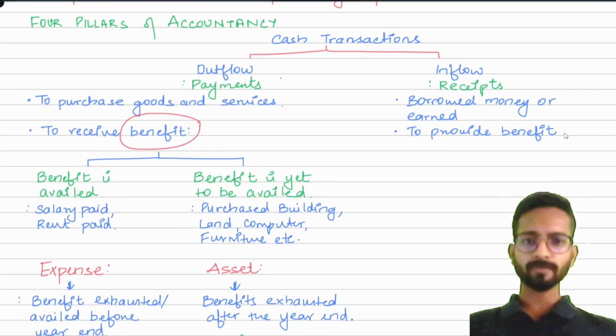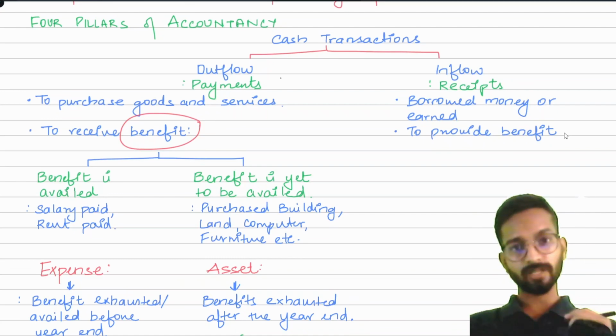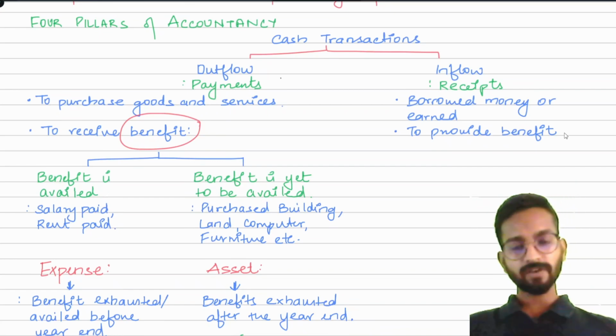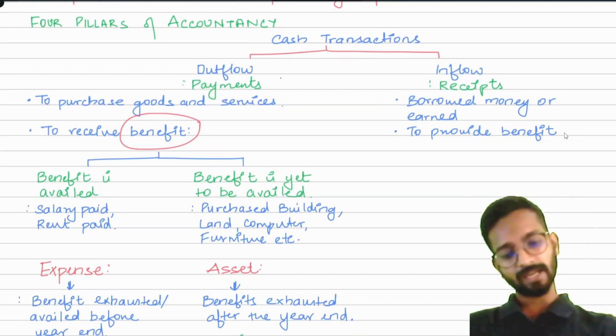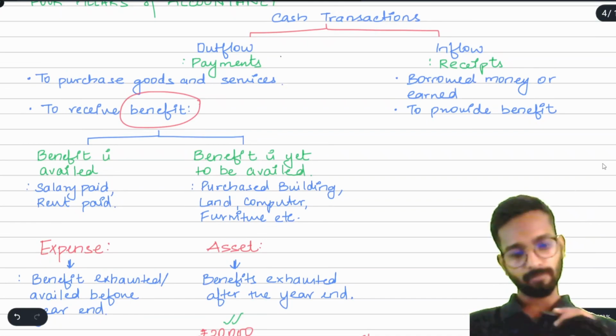Suppose I am taking a loan from the bank, now I have to repay that loan with the interest, that is called providing the benefit. Or suppose I am a shopkeeper selling goods, if I am receiving the money, I have to provide him some goods, right? If I am making a sale of goods, I have to give him goods, then only will I receive the money. That's why we say you have to provide benefit whenever you are receiving the money.